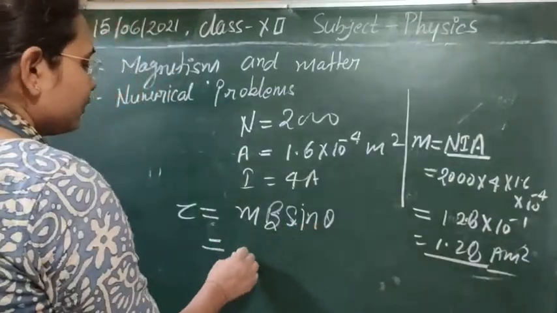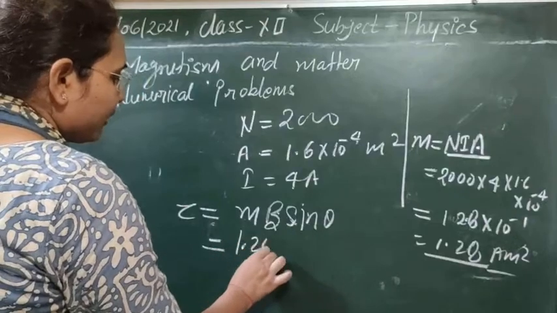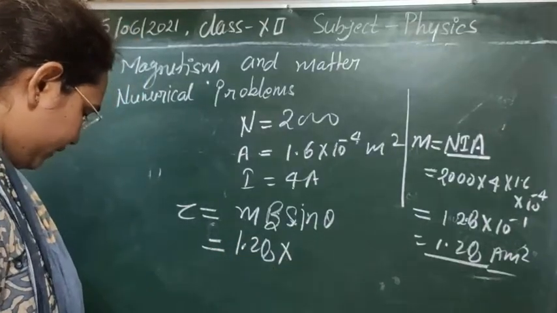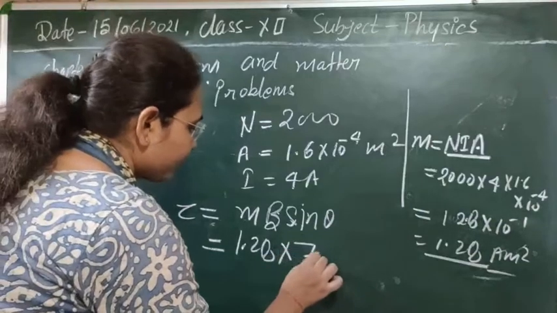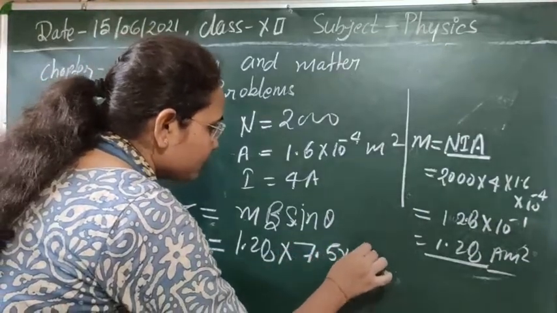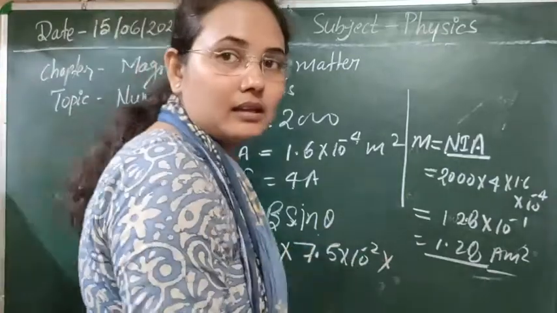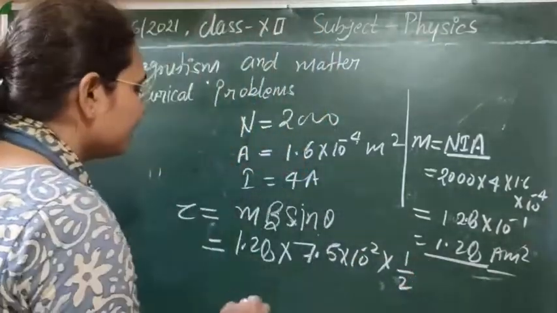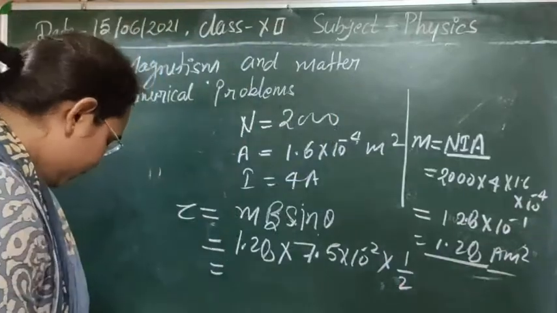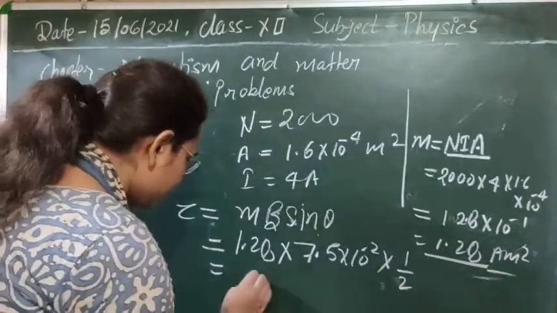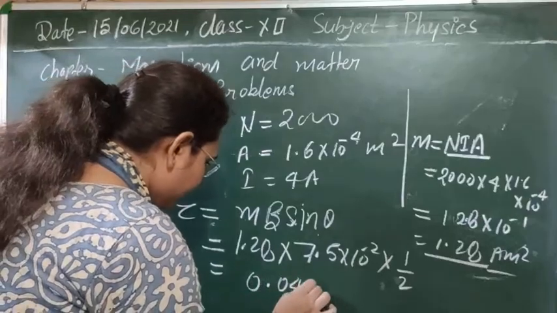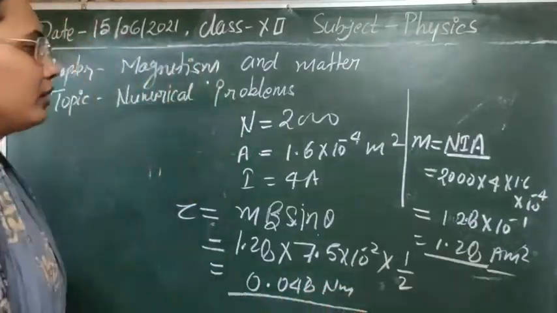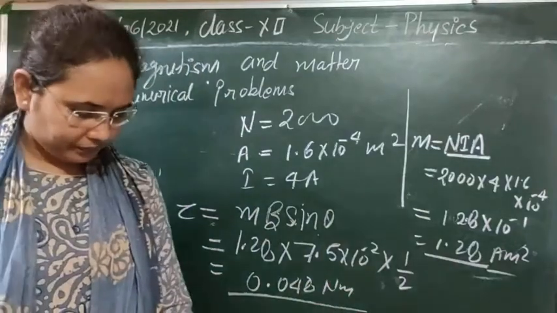So let's write down the values that we have to calculate the torque. This is 1.28, and the value of magnetic field is 7.5 into 10 to the power minus 2 Tesla, and sine theta, where theta is 30 degree. So sine theta is 1 by 2, and now you can calculate the magnetic torque. This is obtained to be 0.048 Newton meter. So this value we are getting for the torque.